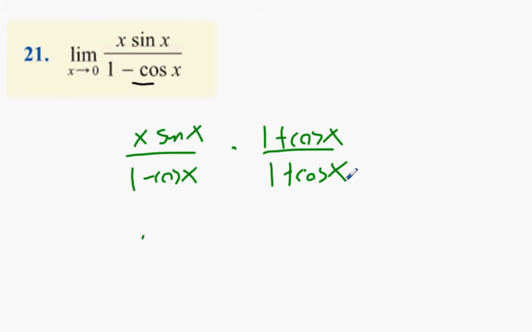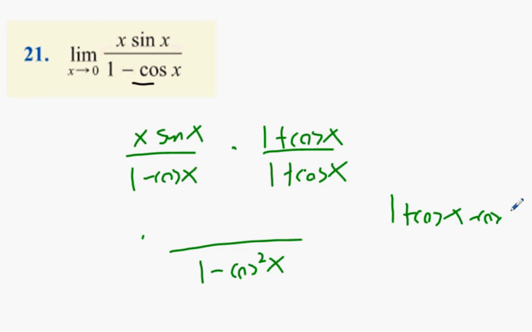Now what happens? Difference of two squares on the bottom, which is going to be 1 minus cos squared x. You get that? 1 by 1, 1. 1 by cos x plus cos x. Minus cos x by 1 is minus cos x, and the two of them cancel. And then it's minus cos x by cos x, which gives you minus cos squared x. So that's what happens when you multiply them out.